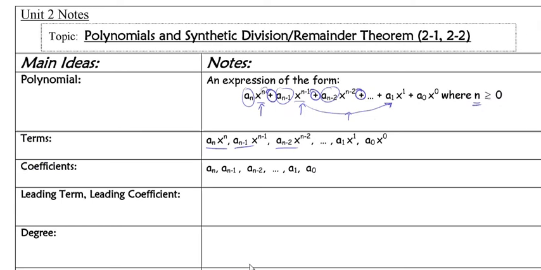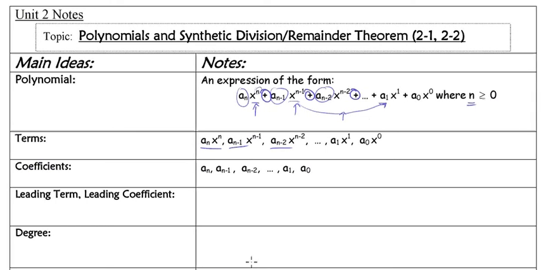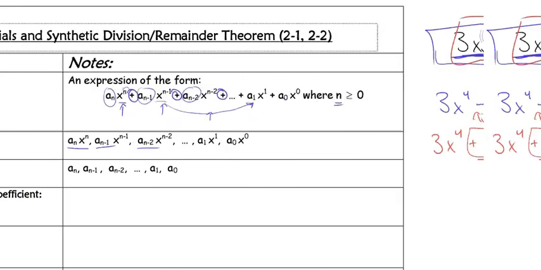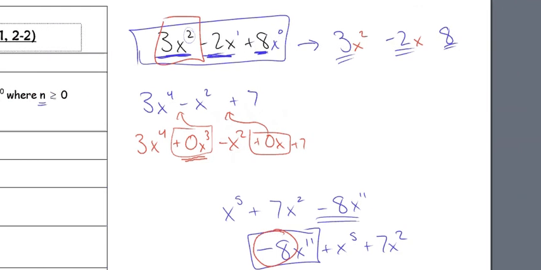Lastly, just kind of for the terminology we need to get used to is degree, which I'm assuming a little bit that we're familiar with already. Degree is the exponent. So this is an 11th degree term right here, an 11th degree polynomial, because the highest degree is to the 11th power.